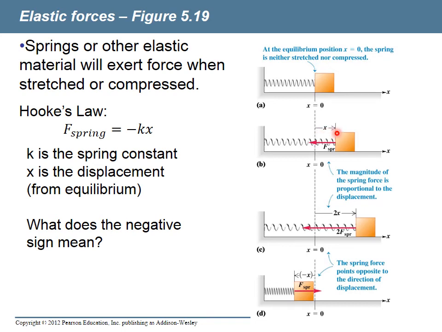But anyway, I displace it in the positive direction, but the force exerted by the spring on the object is opposite the displacement. So that's what this negative sign means. I displace it to the right, the spring tries to pull it back to the left. If I displace it twice as far to the right, the spring would try to pull it back twice as hard to the left, right?